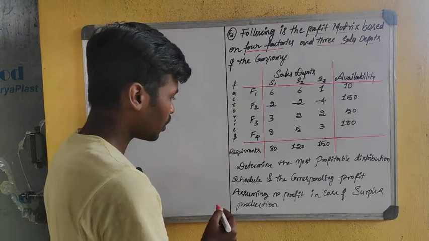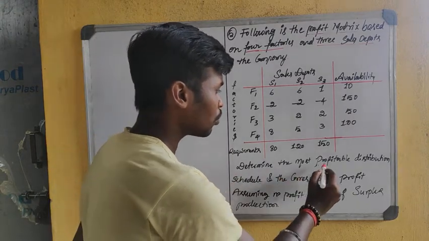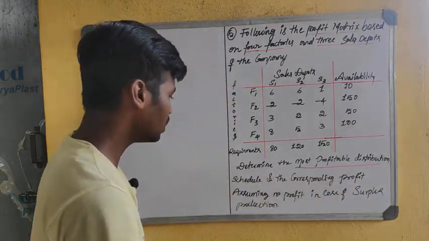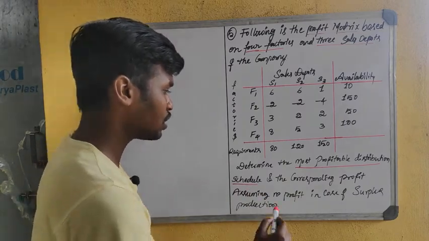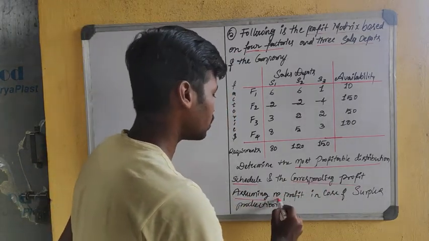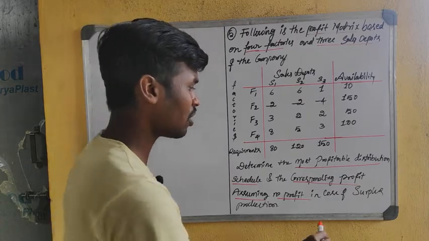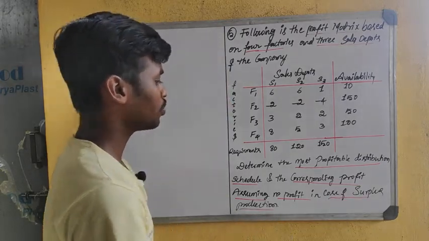Let's see the problem. Determine the most profitable distribution schedule and the corresponding profit, assuming no profit in case of surplus production.